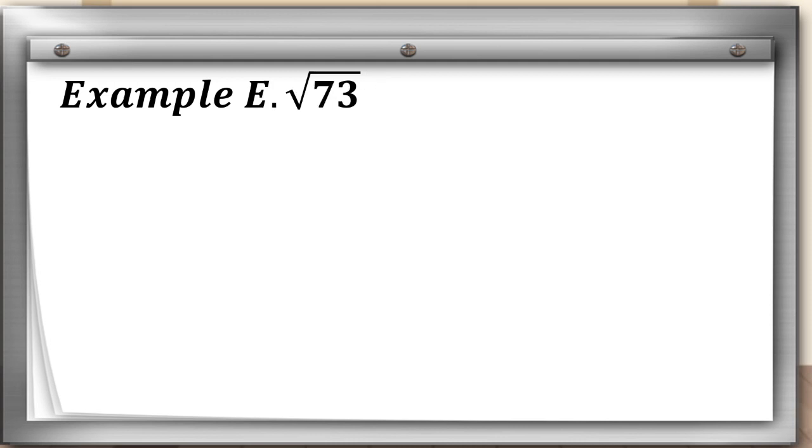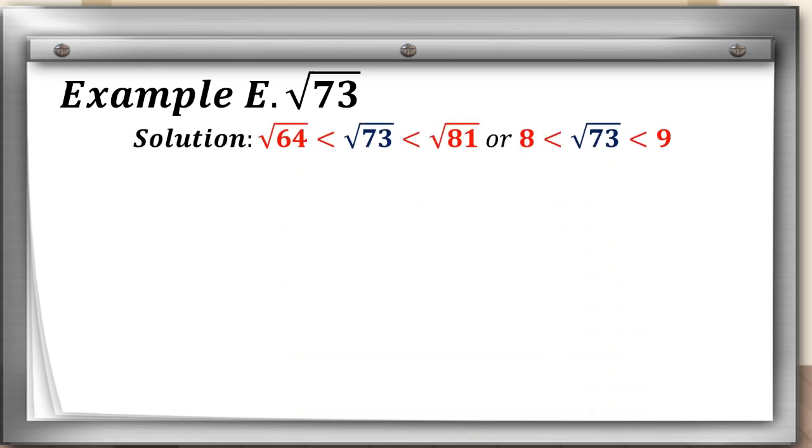And for our last example, square root of 73. Step 1. Since hindi perfect square ang 73, hanap tayo ng dalawang perfect squares na pinakamalapit kay 73, which are 64 and 81.